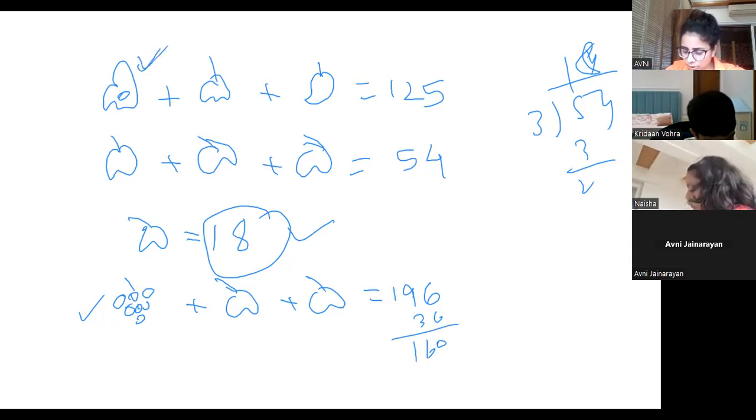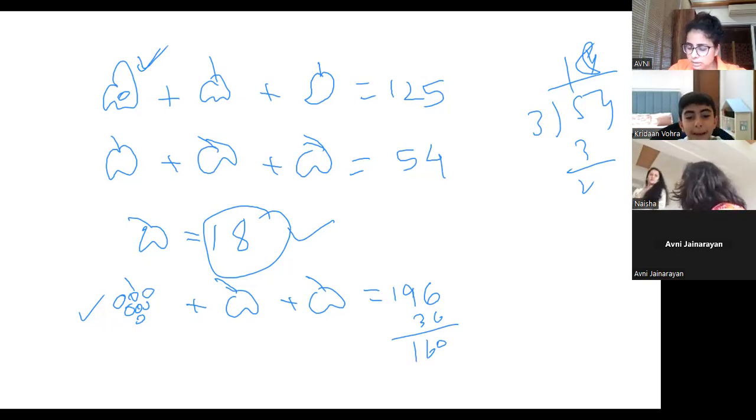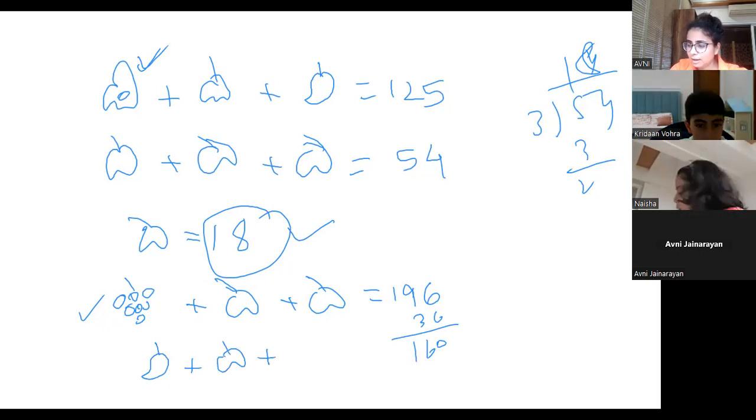Okay, so how are we going to do that? There was another equation which was mango plus apple plus grapes. ठीक है? Is equal to 240.